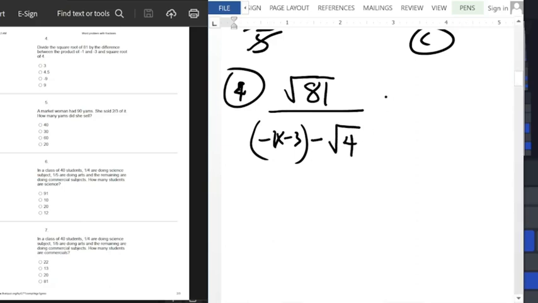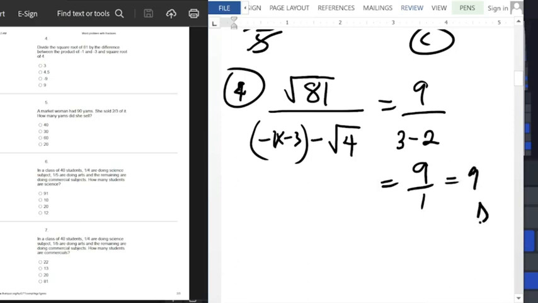Square root of 4. So this will be 9 all over 3 minus 2. So that means 9 all over 1. That means the answer is equal to what? 9. That is option D.